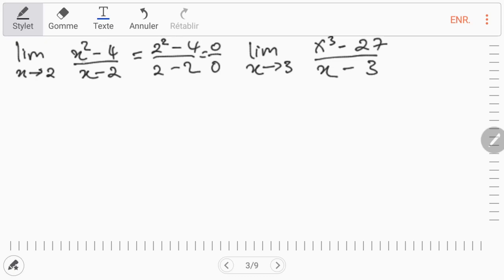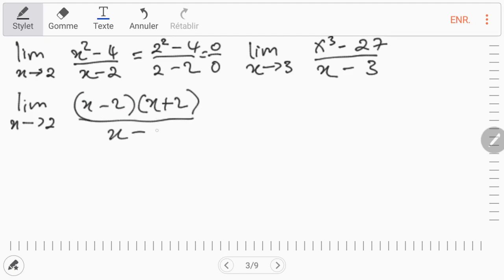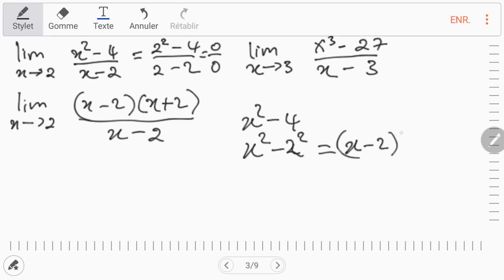We can replace the top by x minus 2 and x plus 2, because x squared minus 4 is the same as x squared minus 2 squared. Difference of two squares in factorization is x minus 2 and x plus 2.